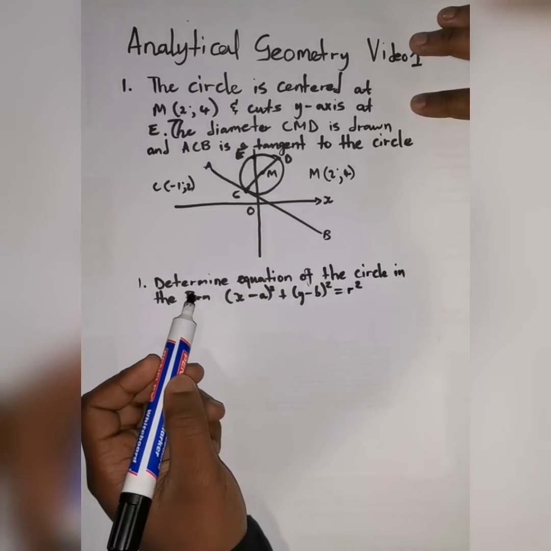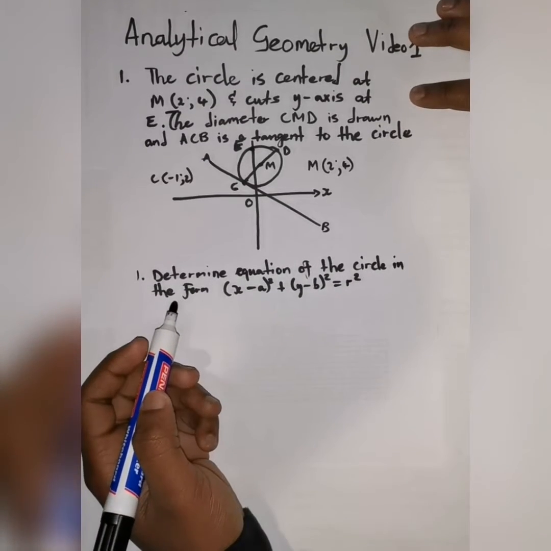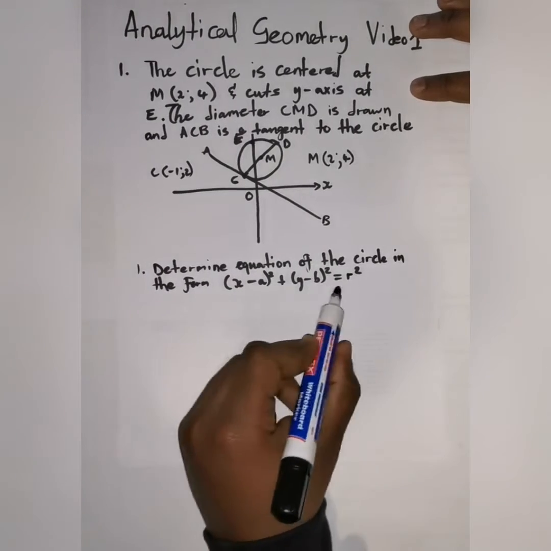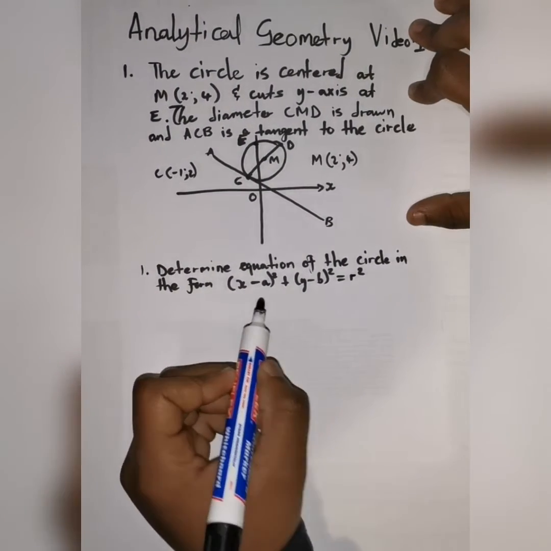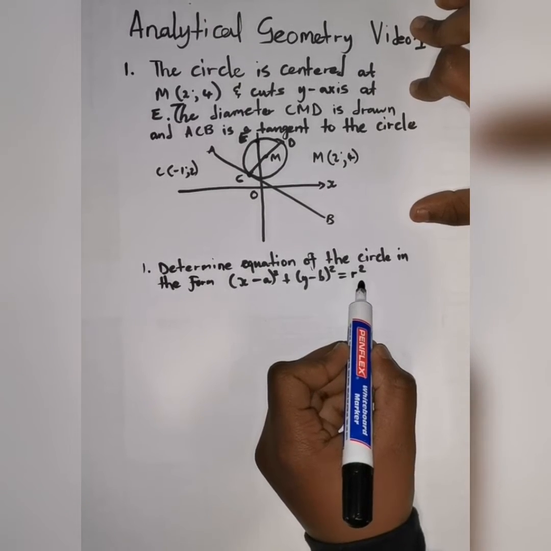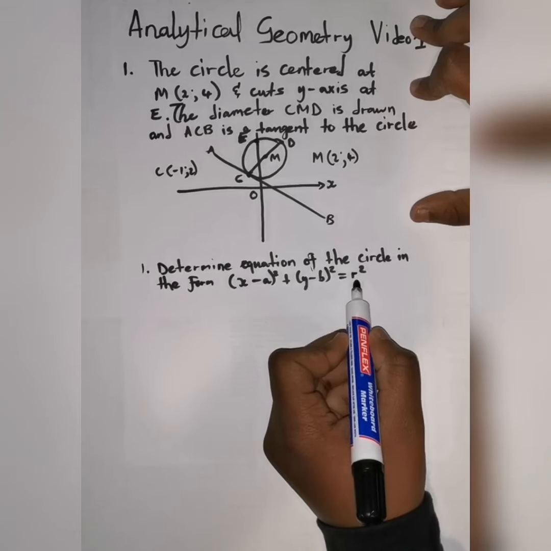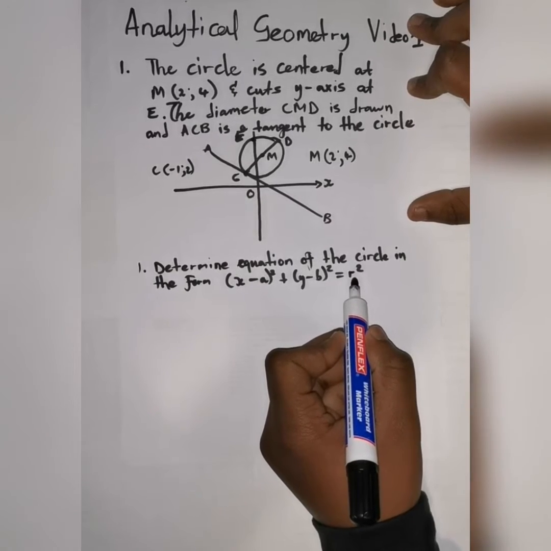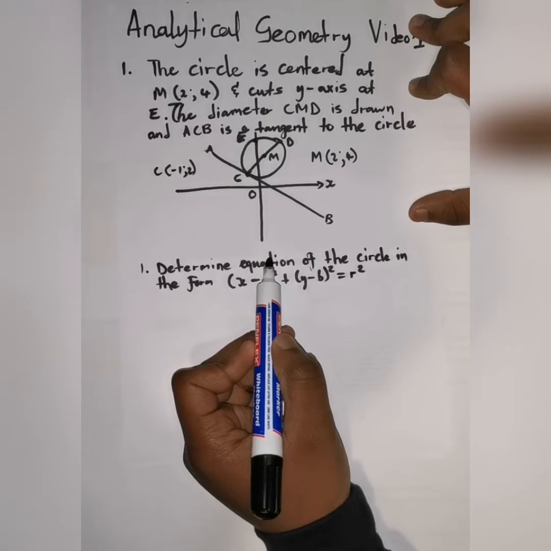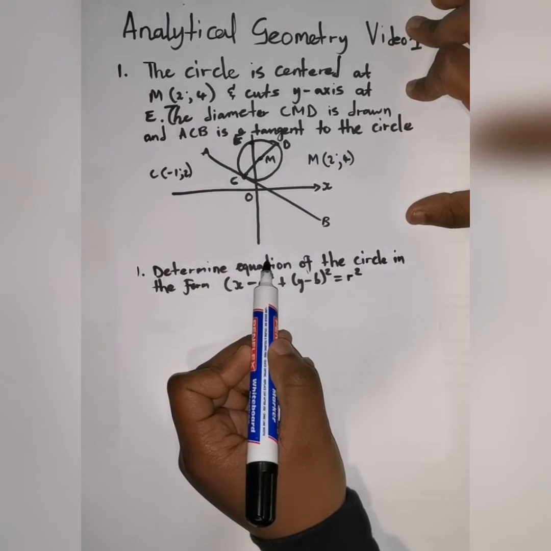Okay, so let's go to our first question. We're asked to determine the equation of the circle in this form right here. Looking at this equation, the first approach is to determine R, the radius. We're told that CMD is drawn.